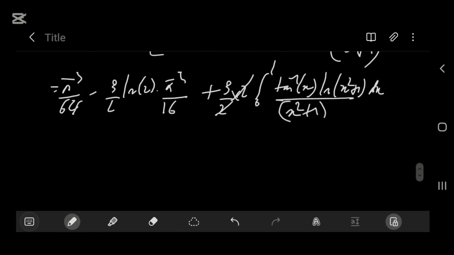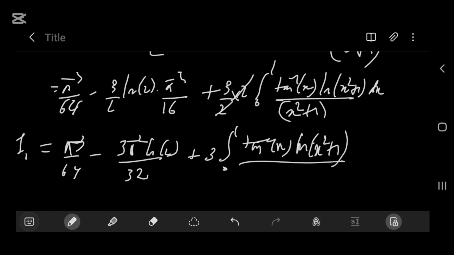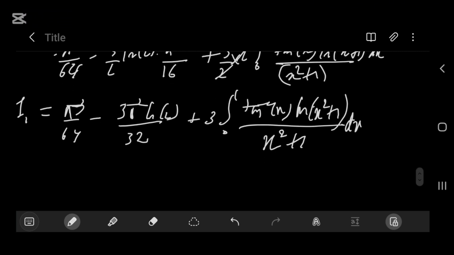Okay, so what we'll have here finally for I1 is pi cubed over 64 minus 3 pi squared ln 2 over 32 plus 3 times the integral from 0 to 1 of tan inverse of x ln(x squared plus 1) over x squared plus 1 dx.